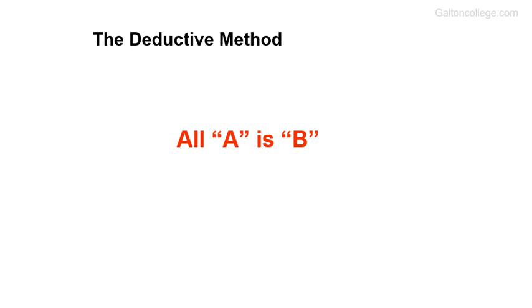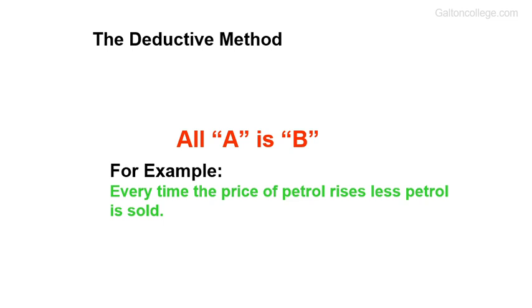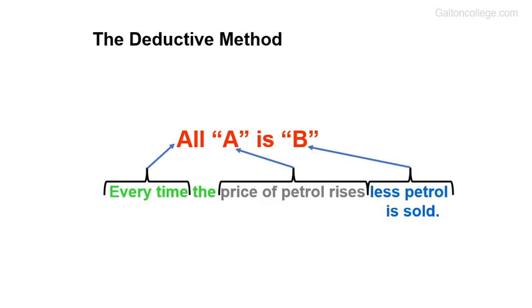Here's the deductive method. All A is B. Instead of sheep having white coats, we'll just say all A is B. We could say, in this case, every time the price of petrol rises, less petrol is sold. The price of petrol rises, that's A. Less petrol is sold, is B. So we've broken up our sentence into symbols.